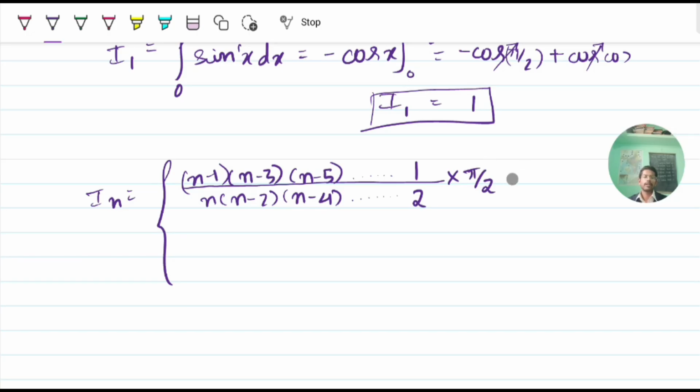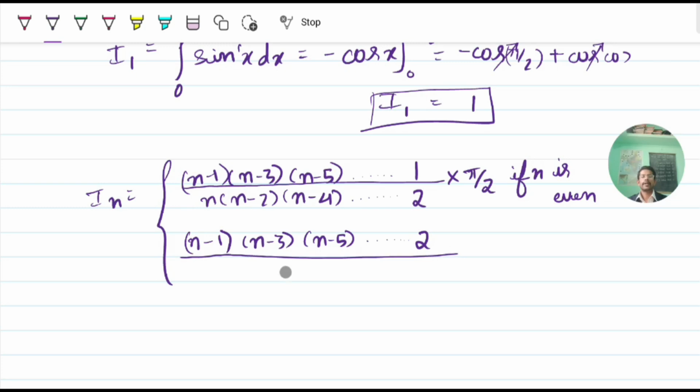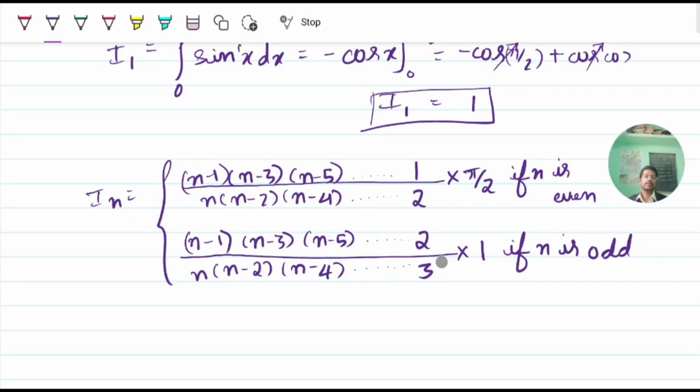Here, if n is even, and if n is odd, we get (n-1)(n-3)(n-5) and so on up to 2, whole divided by n(n-2)(n-4) and so on up to 3, into I1 value, which is 1, if n is odd.